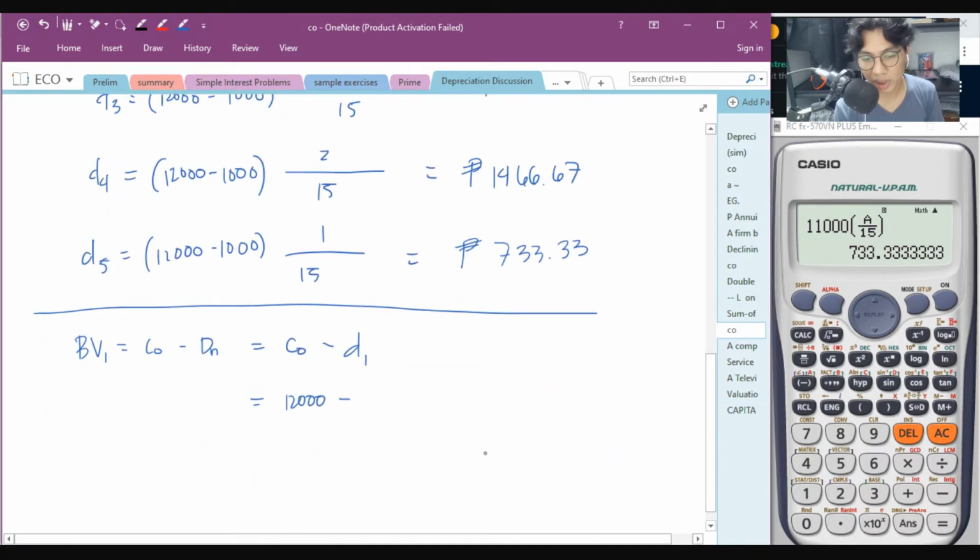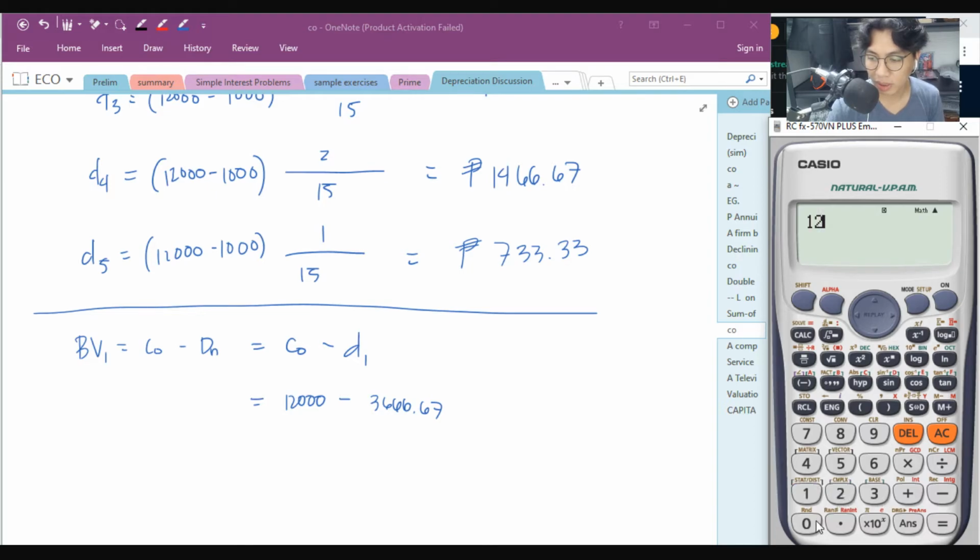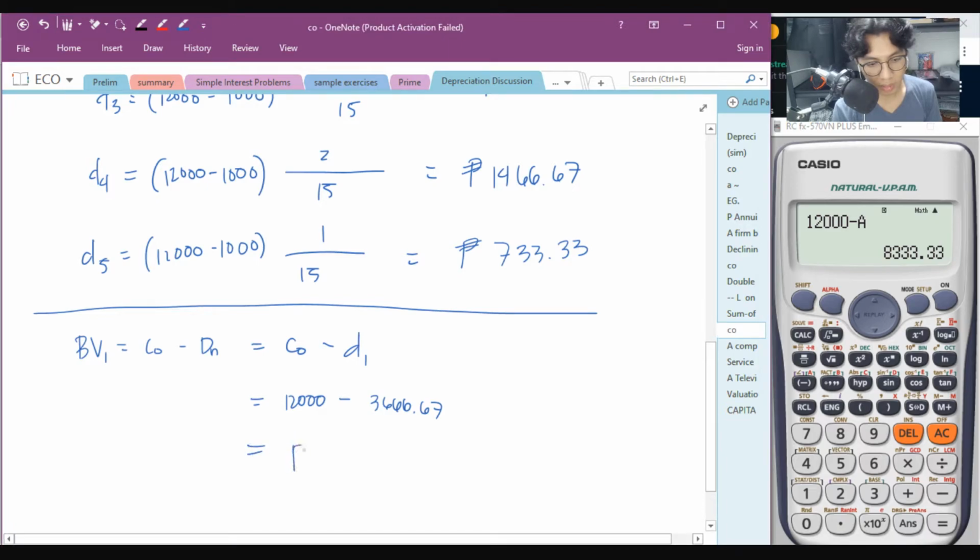So, 3,666.67. So, 12,000 minus alpha A. Calculate natin. Paulit-ulit na calculation eh. 12,000 minus 3,666.67. Okay. 8,333 pesos. Yan yung value niya.